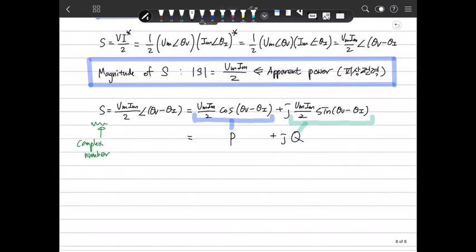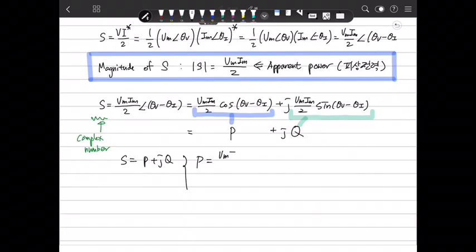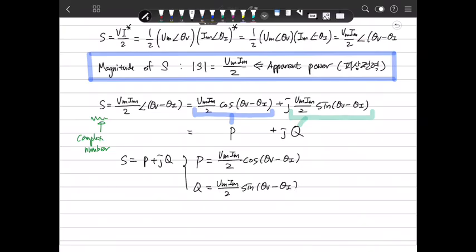So we rewrite S as P plus jQ. Here P is Vm Im divided by 2 times cosine(theta V minus theta I), and Q is Vm Im divided by 2 times sine(theta V minus theta I).